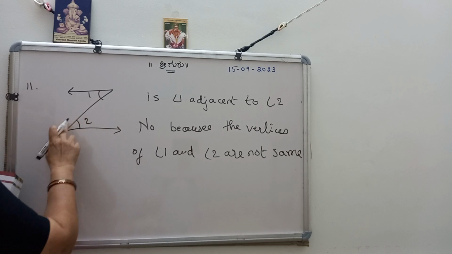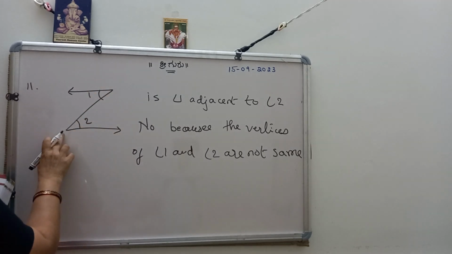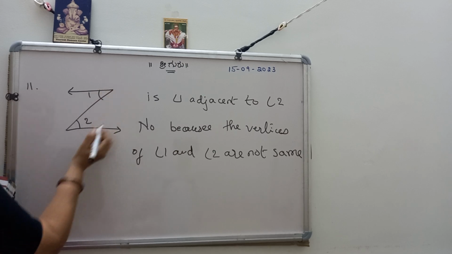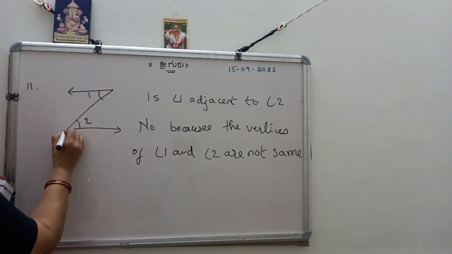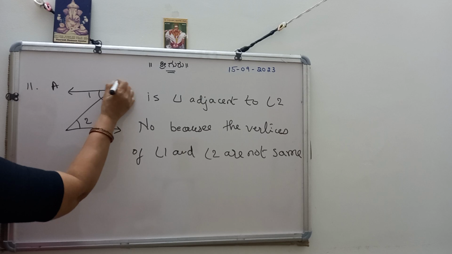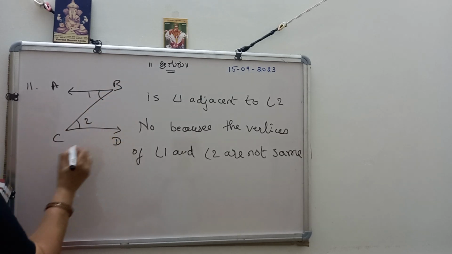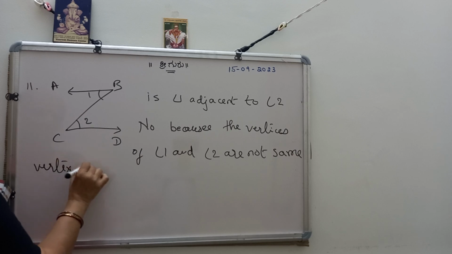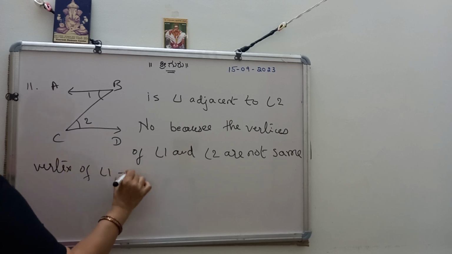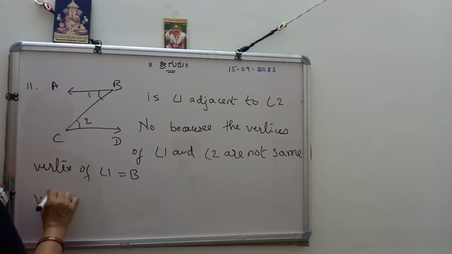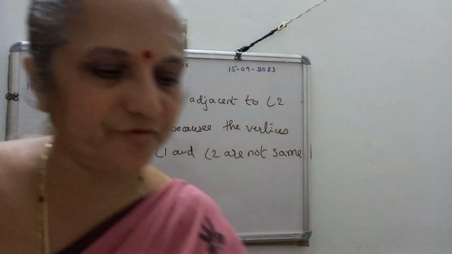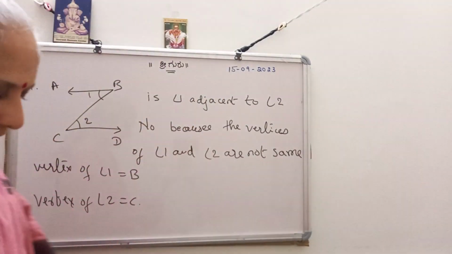Even though they share a common arm, vertices are not the same. Vertex of angle 1 is this and vertex of angle 2 is this. If you name A, B, C, D, then vertex of angle 1 is B and vertex of angle 2 is C. Therefore, they are different. Therefore, they are not adjacent angles.